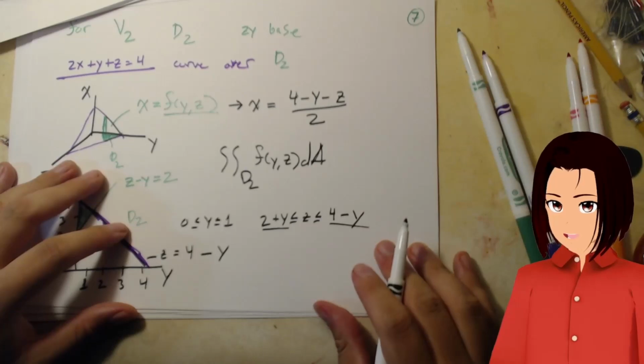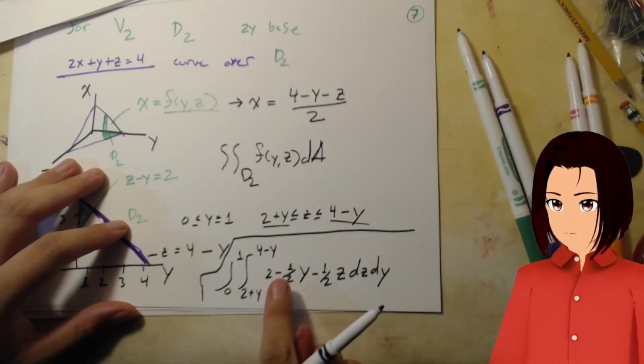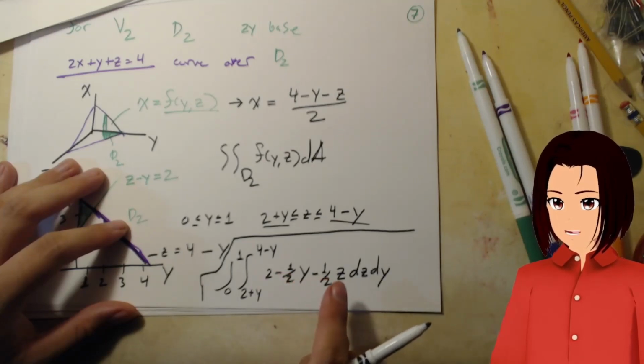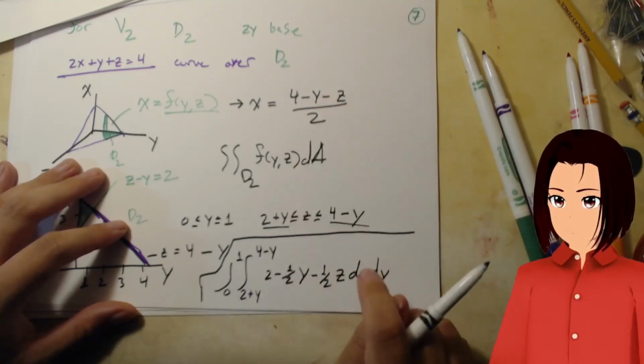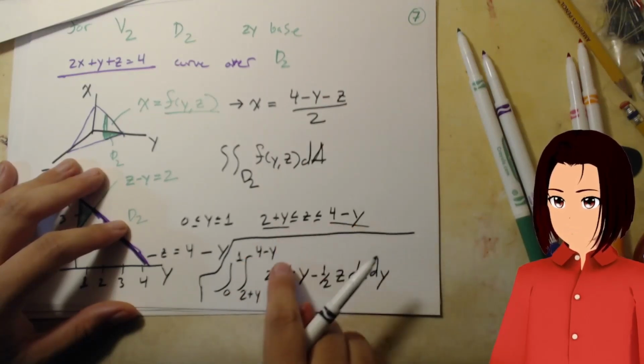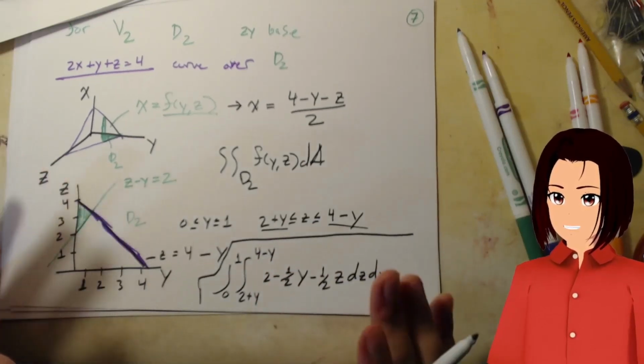So I'll set up the integral. So here's our integral: 2 minus 1/2 of y minus 1/2 of z. This is the same as that. And our boundaries, our z boundary is right there, and our y boundary is right there. This is our V2.